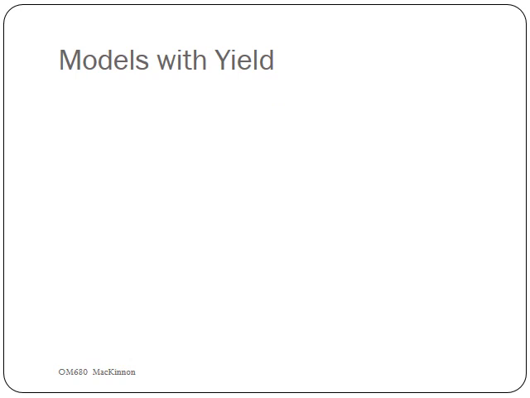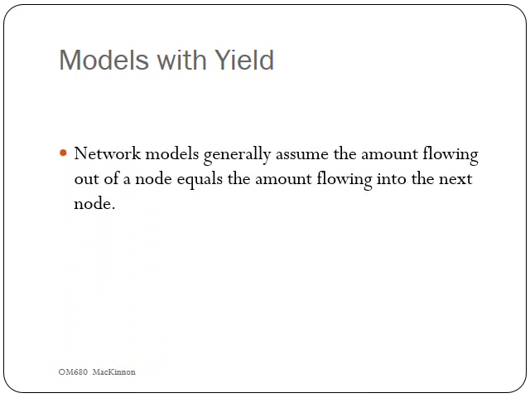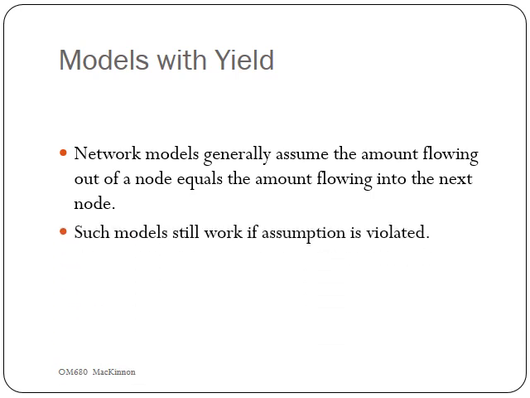Now, with network models that are using balance equations, we assume that the amount flowing out of a node equals the amount flowing into the next node along the arc. But in fact, that's not always the case. We can still use network models even if that assumption is violated.